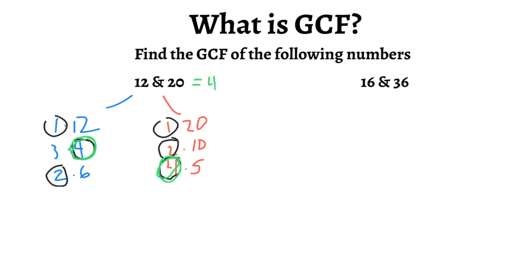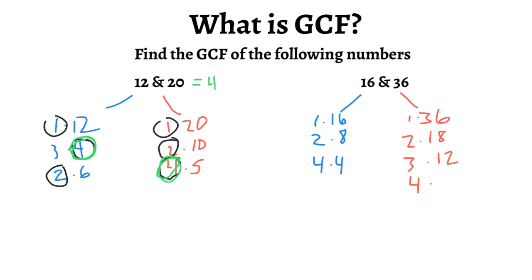Let's find the greatest common factor of 16 and 36. Doing a similar process, we list the factors of 16: 1 times 16, 2 times 8, or 4 times 4. Similarly, we make a list of the factors of 36: 1 times 36, 2 times 18, 3 times 12, 4 times 9, and 6 times 6.